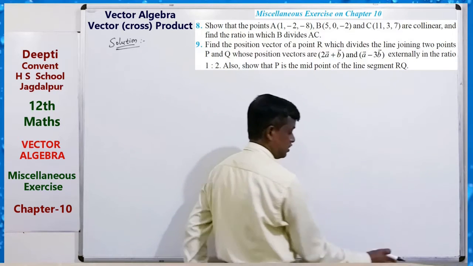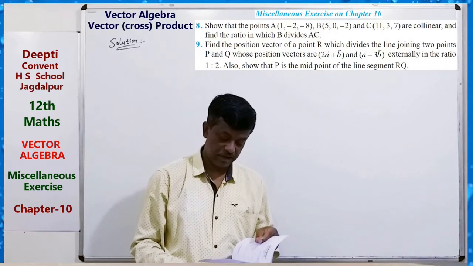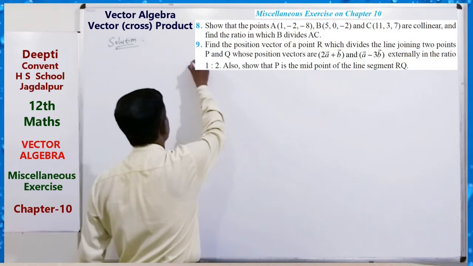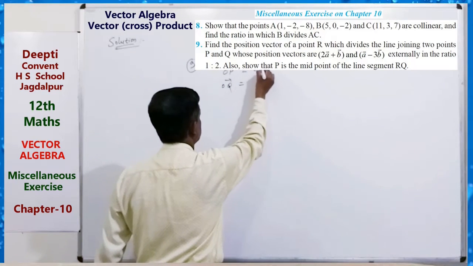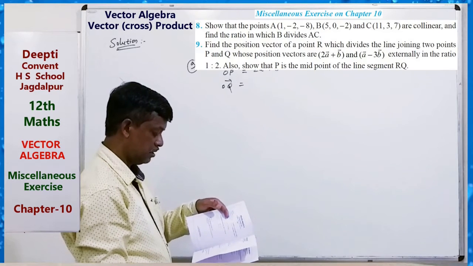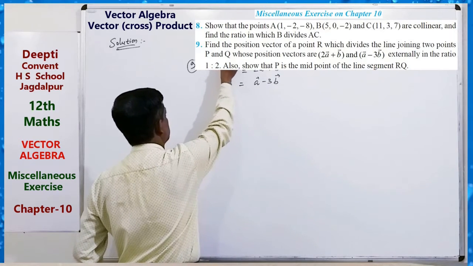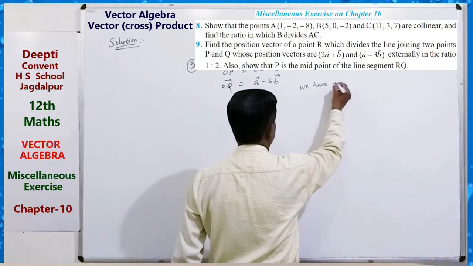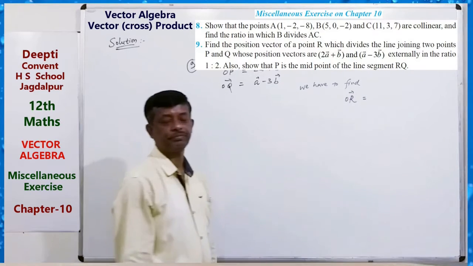So here we have to find the position vector of R. The position vectors of P and Q are given: OP is 2a plus b, OQ is a minus 3b. The position vectors of P and Q are given, and we have to find OR. Clear?